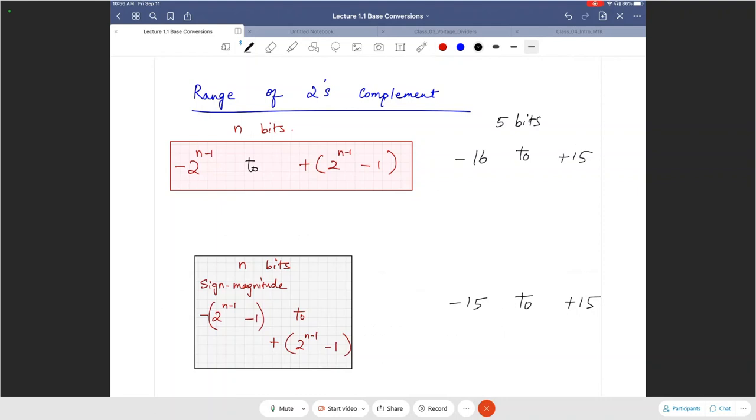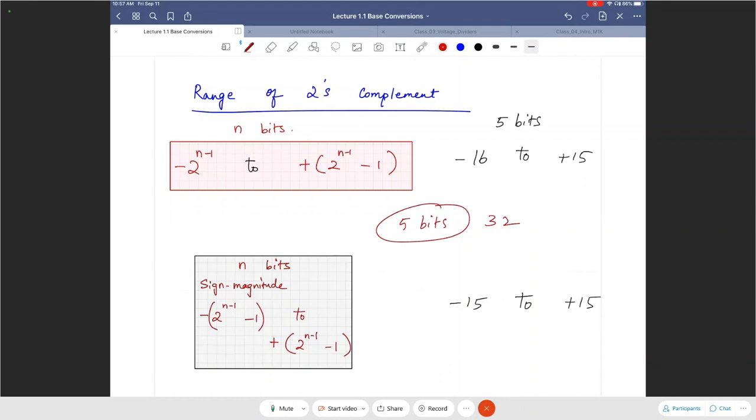Let's see, how is the negative factored in? Well, you see this. If I have 4 bits, well, let's talk about 5 bits. If I have 5 bits, I have 32 combinations, right? I'm trying to represent positive numbers and negative numbers using 32 combinations. Half of them roughly are going to be negative, half of them are going to be roughly positive.